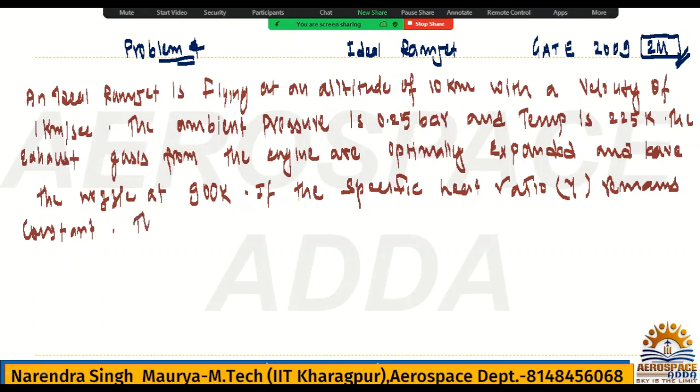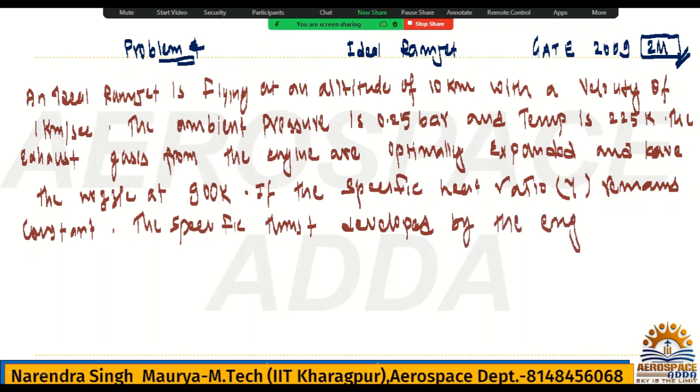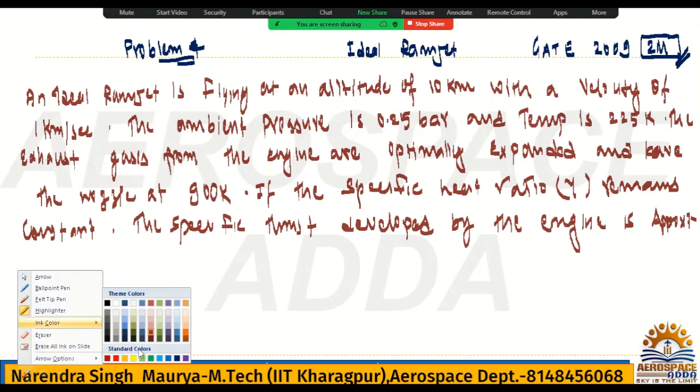The specific thrust developed by the engine is approximately. What is that specific thrust?